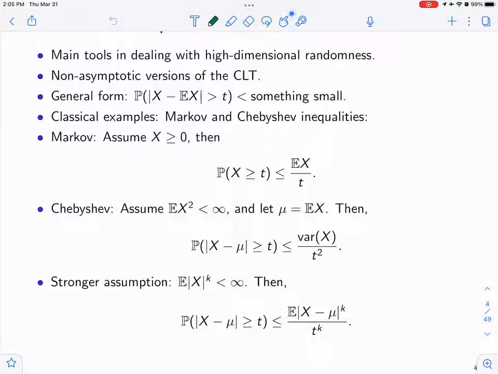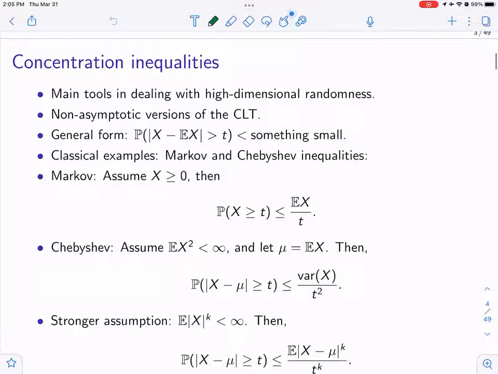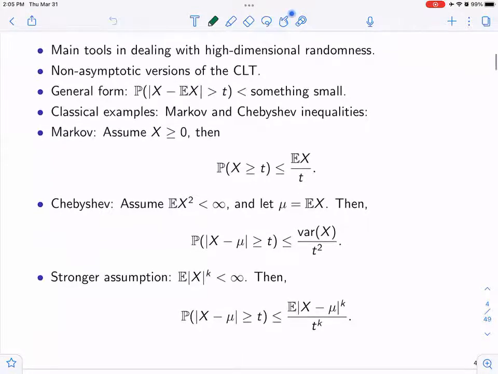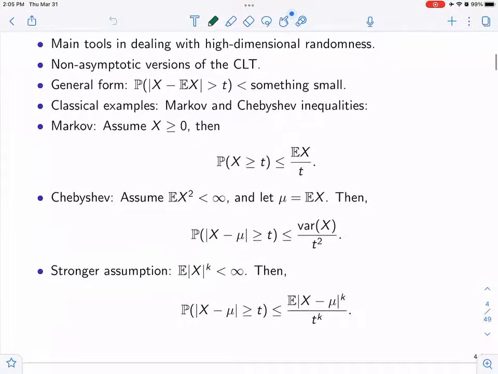The main tool in dealing with these concentration inequalities is basically a variation of Markov's inequality, which holds for a non-negative random variable. If you have a non-negative random variable, this always holds. We did the proof, even if the expectation is not finite. Then this side will be infinite.